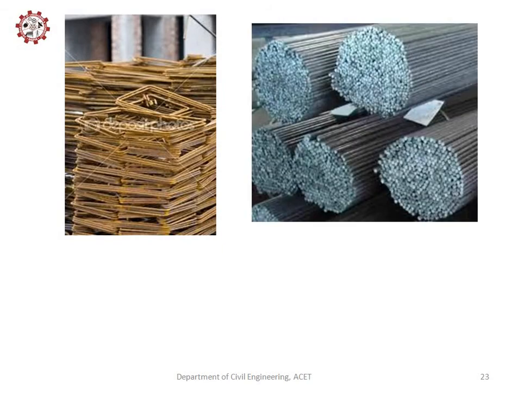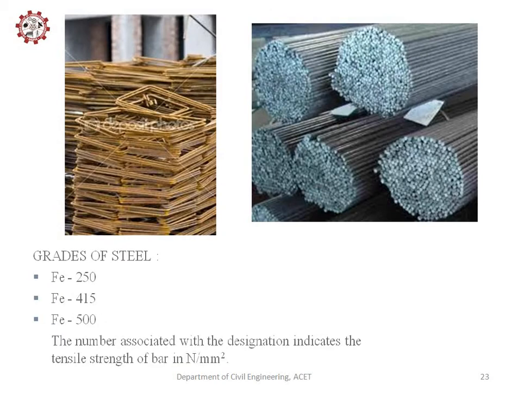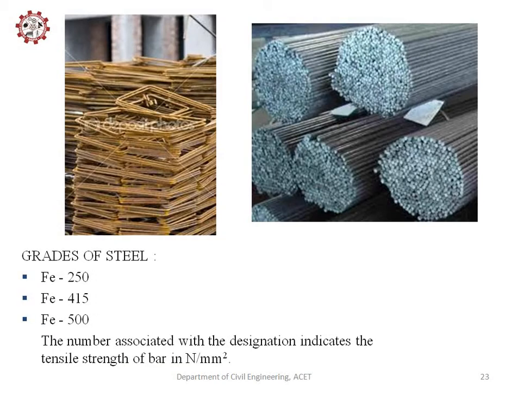The figure shows the number of bars which are used. With respect to this, there are the grades of steel: Fe 250, Fe 415, Fe 500. The number associated with the designation indicates the tensile strength of the bar in Newton per mm square. So dear students, if you can see the first figure, these are the rings which are formed.